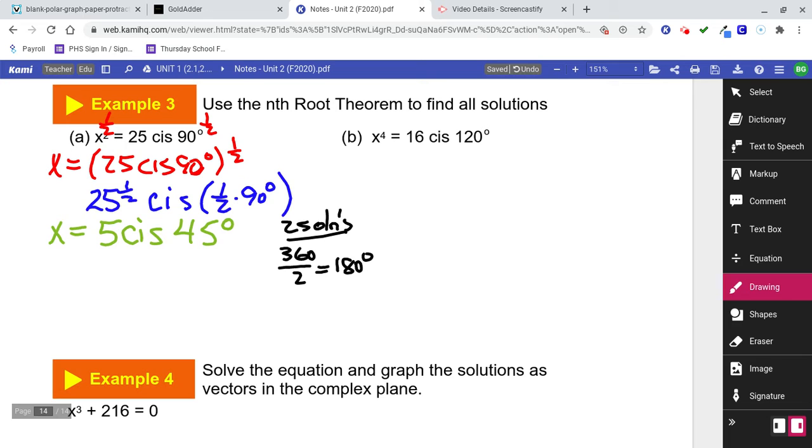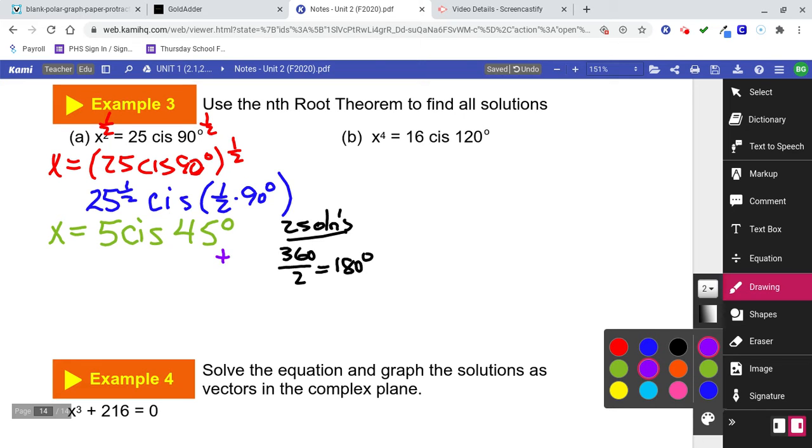Okay, so let's think about this. If you have two vectors that are evenly spaced, yes, question? That's exactly what that means. All I'm going to do is add 180 to this 45, and I'll have my other solution. 5 cis, what is that, 225?